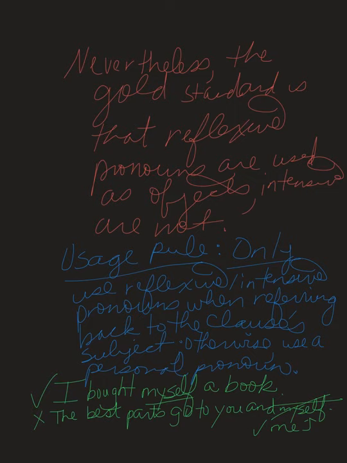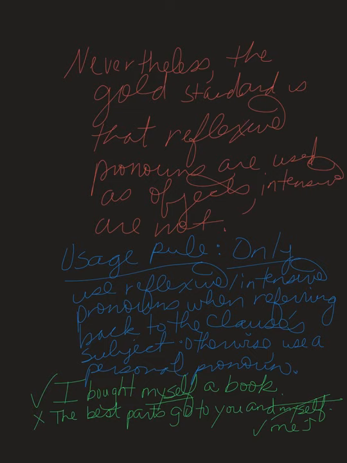However, the next one would not use a reflexive pronoun correctly, and I'll explain to you why. The best parts go to you and myself. Notice I've crossed out the reflexive pronoun myself, okay? Because here, myself, in order to be used correctly as a reflexive pronoun, must refer back to the subject of this clause.